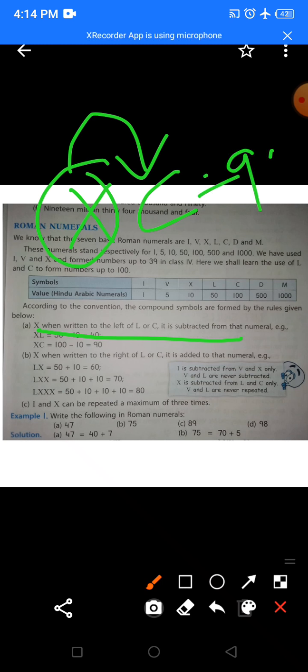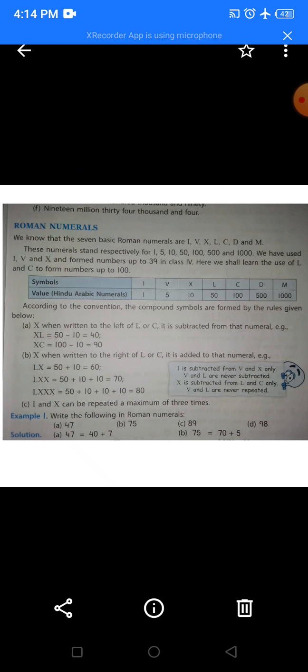Automatically you will read it 90, क्योंकि this is 100 and 100 minus 10. And when it is written like this, what will you do, children? This is 100 plus 10 and this will give you 110. Okay? Yes. So when it is written towards its right, you will add the number. If it is written towards the left, you will subtract the number.